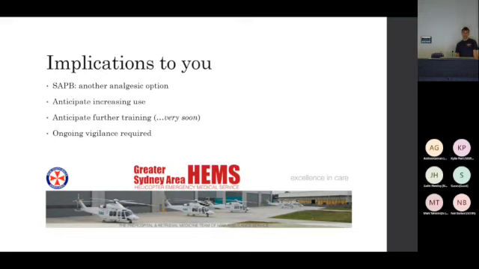Whilst it may be potentially more comfortable to immediately intubate and ventilate a patient who's got the slightest indication of respiratory distress, it's not potentially in the patient's best interest, and so we have to be a bit judicious with how we manage these patients, and that's why a SABRE is an option for us to consider.